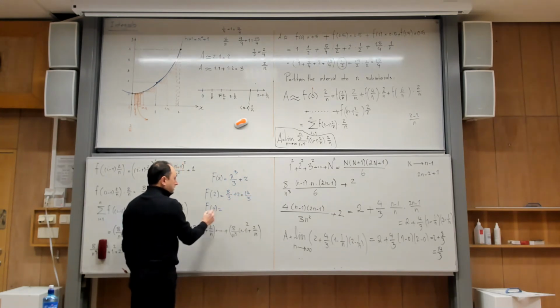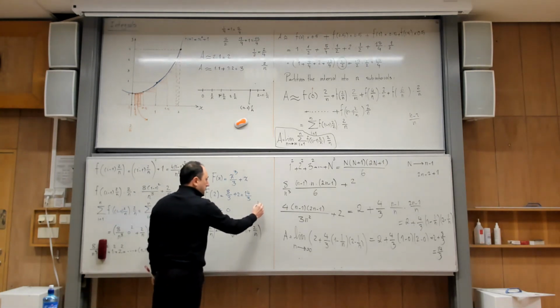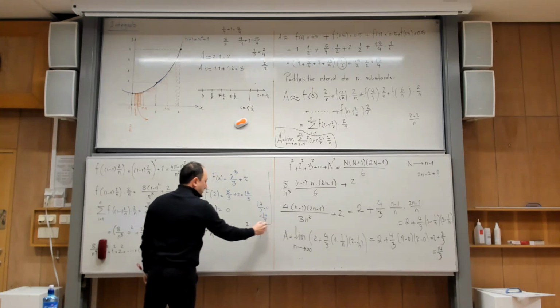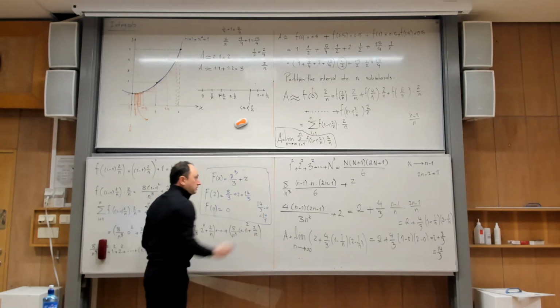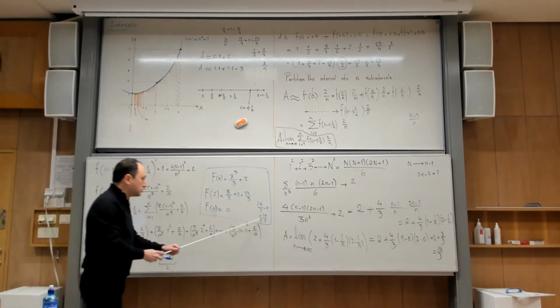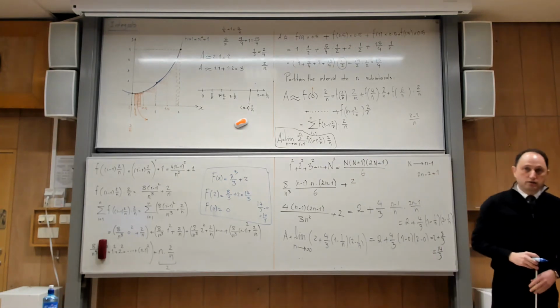And you calculate F of 0, which is 0. And then subtract them. So this is Newton's method. And this is the original method. So this number that you get here is exactly this number that you get after this very long calculation.